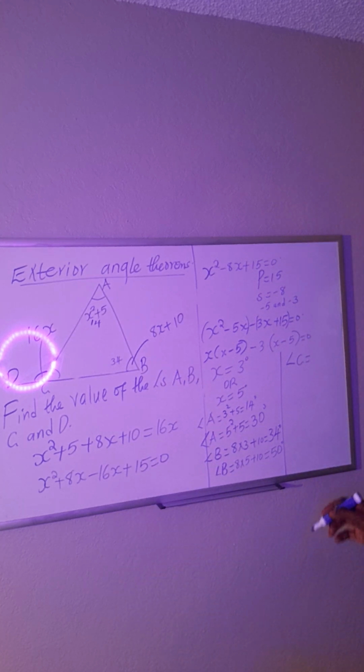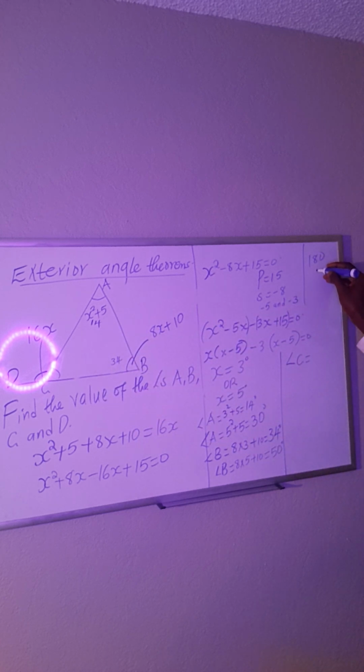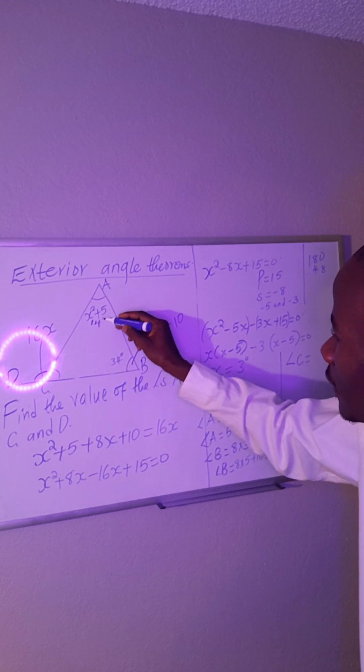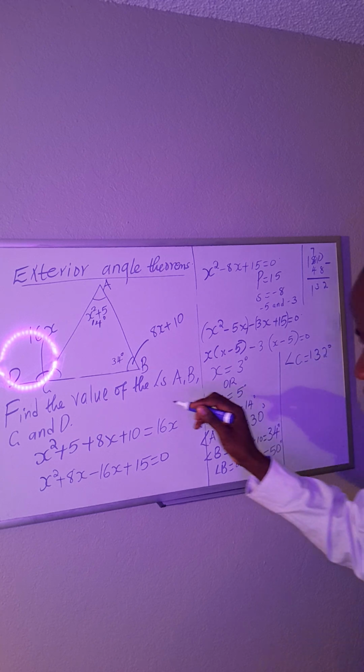So getting angle C simply means I have 180 minus 14 plus 34, which is 48. When I subtract, I get 2, here 1, I remainder 7. So the first pair of angle C is 132 degrees.